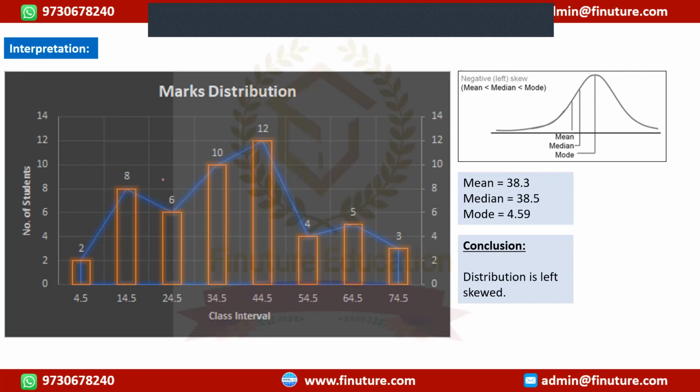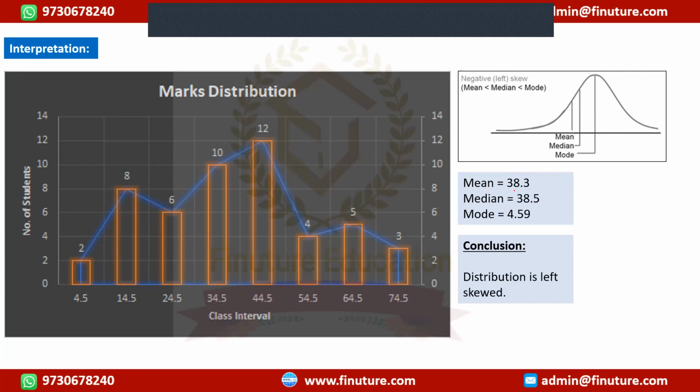Now back to our question, we were asked to comment on the skewness and interpret if the data is normally distributed or not. This is a thumb rule: if your mean has shifted towards the left, followed by the median and followed by the mode, then your distribution is negatively skewed. And it applies in our case also.